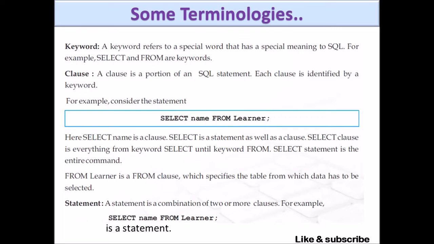So select is a clause, from is a clause which specifies the table from which the data has to be selected. A statement is a combination of 2 or more clauses. So select name is a clause, from learner is also a clause, but select name from learner, this whole thing, is known as a statement. You have to understand these things before going further in this chapter.